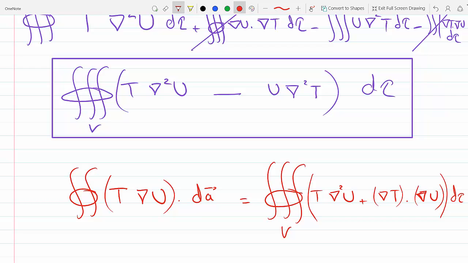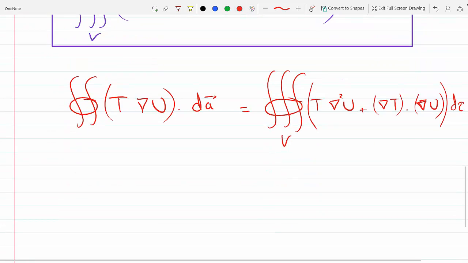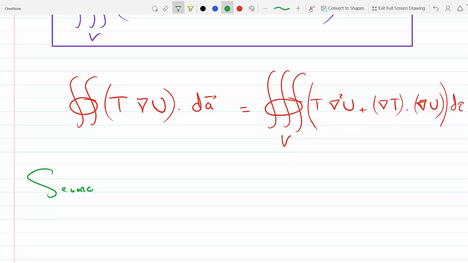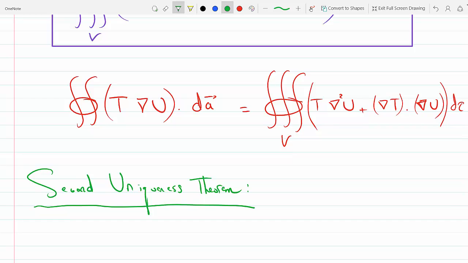Which means there couldn't be more than one electric field. If you were to arrive at that electric field by any means, by any method, and it works, it has to be the right one.